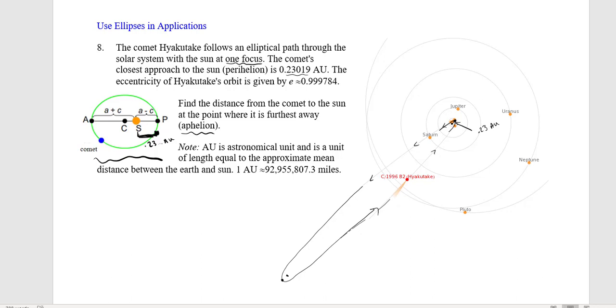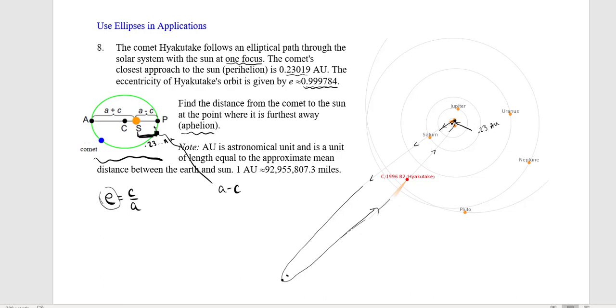Okay. We also know that the eccentricity, which is c divided by a, equals this number. So let's just work with it and call it E, and at the end we'll plug in this 0.99 mess. But keep in mind, all we're saying here is we know what a minus c is.